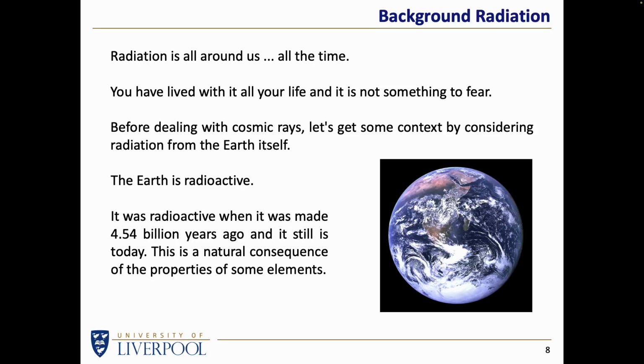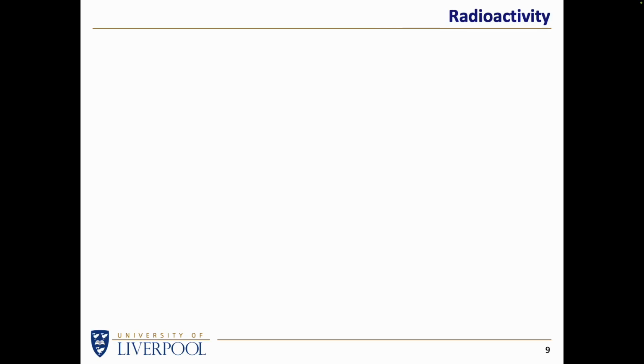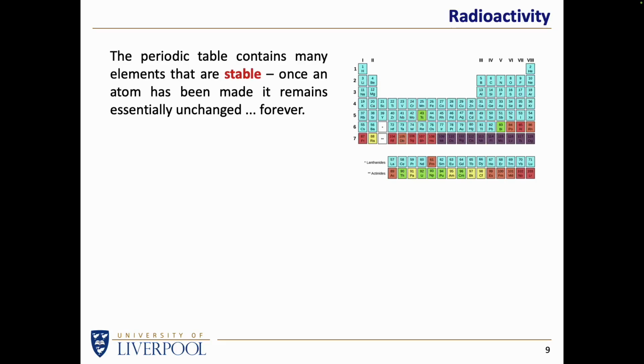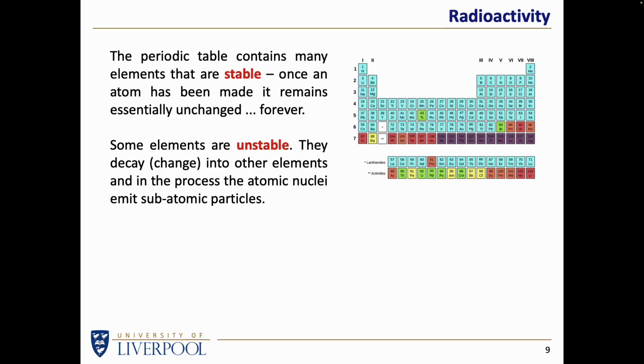That's a consequence of the elements in the periodic table that make up the Earth. So we can remind ourselves that there's 92 or so elements, plus a few that we've made ourselves. And we have to realize that atoms come in a sense, two varieties. That's a bit of an oversimplification, but that's perhaps the best way of looking at it. We either have stable atoms, in other words, once you've made an atom, that atom remains essentially unchanged for all time. And there's another bunch of atoms that want to be something else.